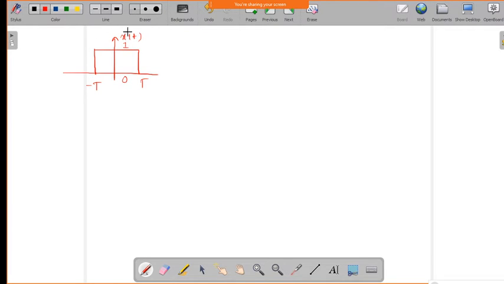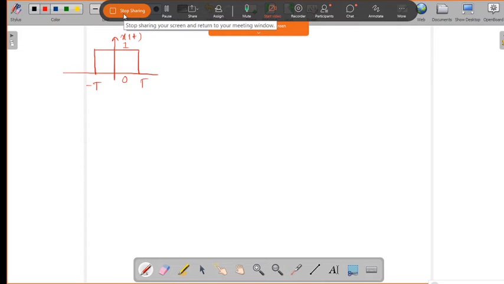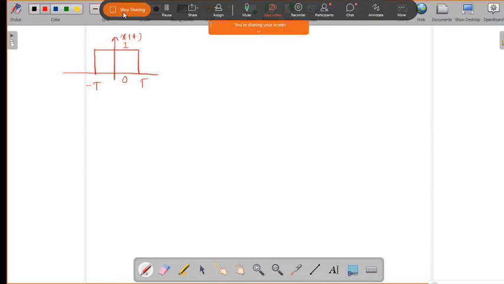All of you try to find this. Use the X of j omega equation, put the limits between minus T to plus T, and try to find the Fourier transform.